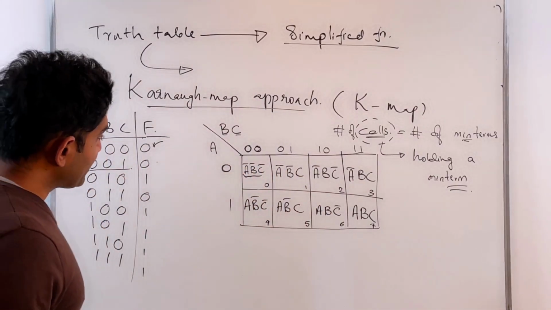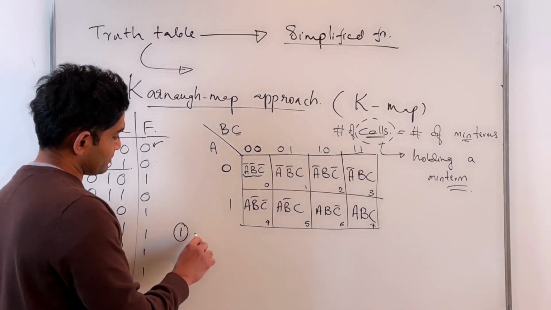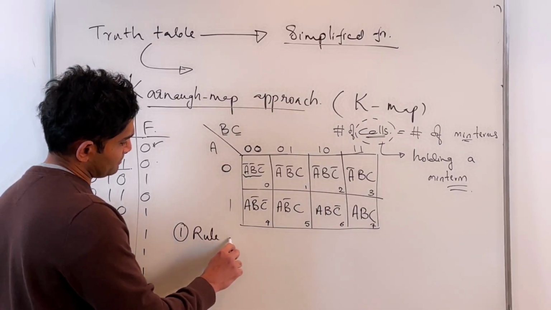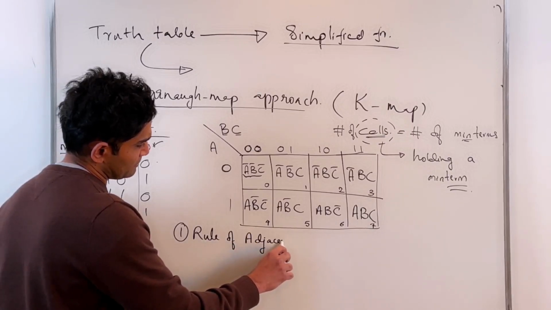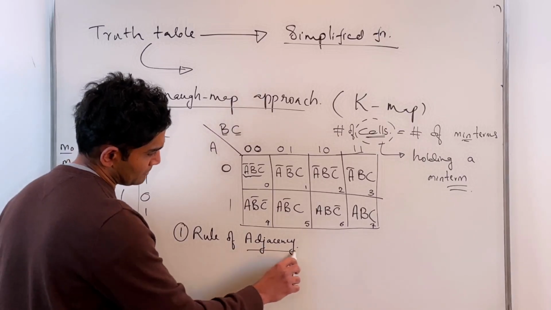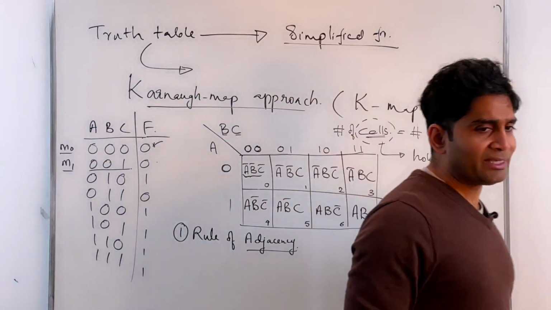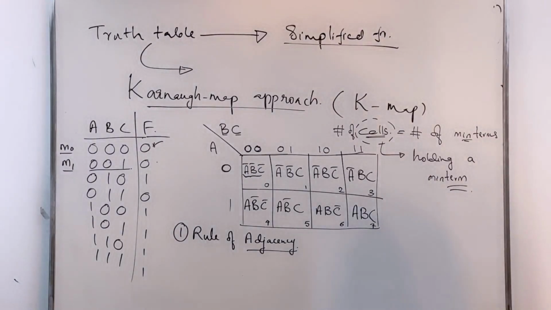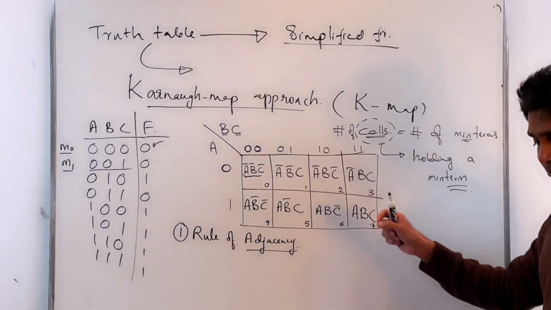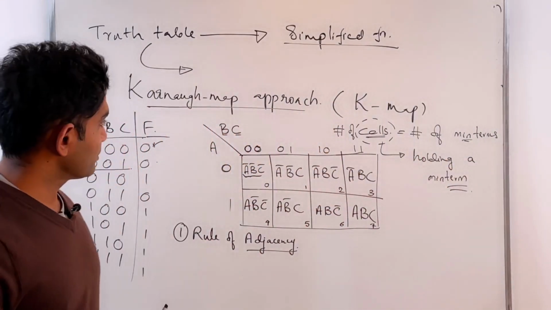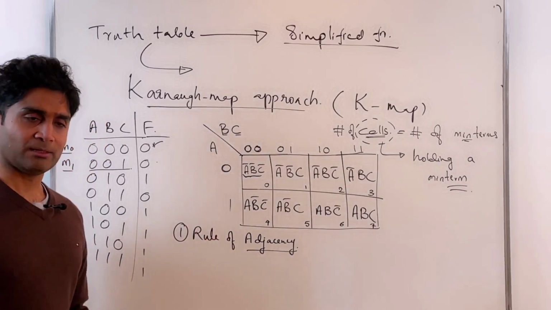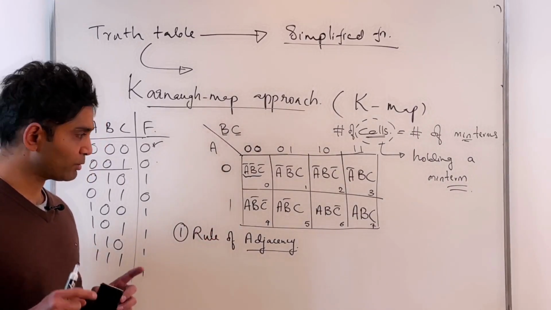All right. Now let me define the rule of adjacency. The rule of adjacency. What that means is two cells in this K-map are said to be adjacent if going from one cell to the next cell, I only have one variable that changes.